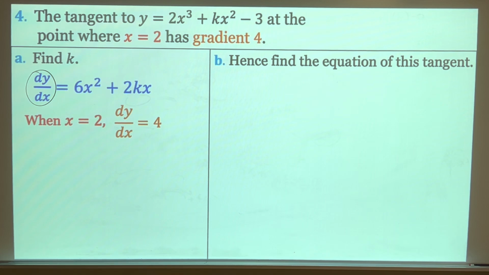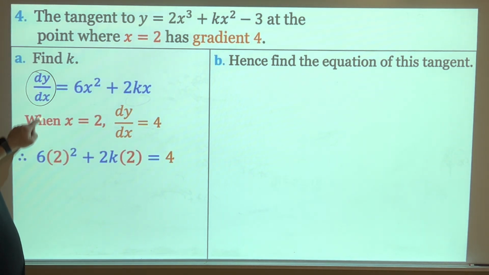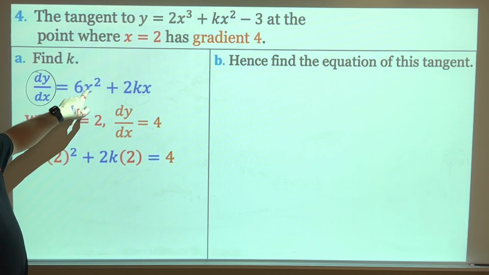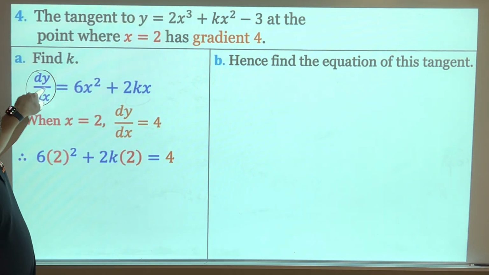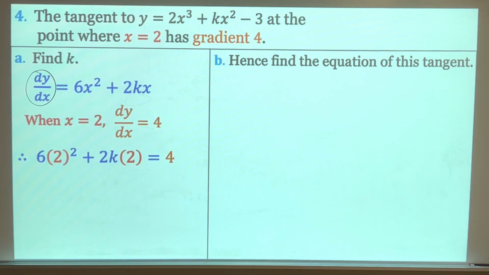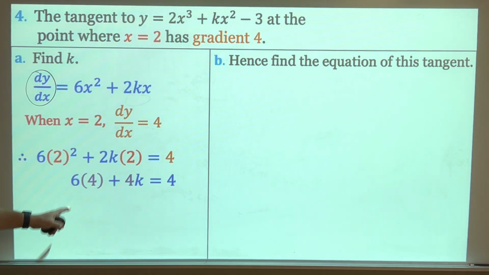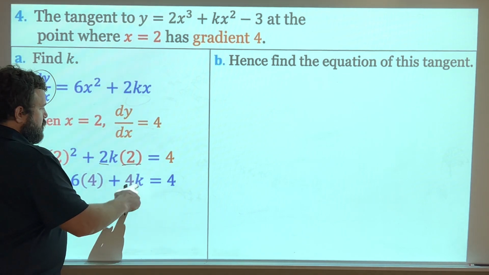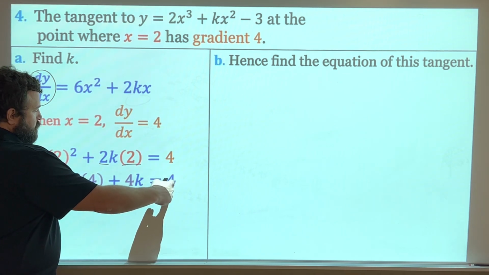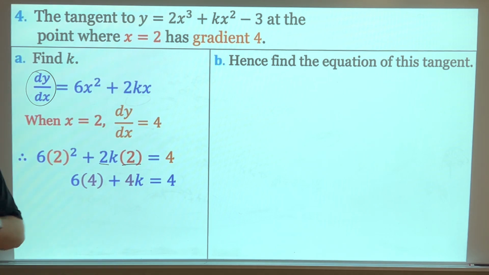All right, should have enough time. 6 times 2 squared plus 2k times 2 equals 4. Right? 2 squared is 4. 6 times 4 is 24.